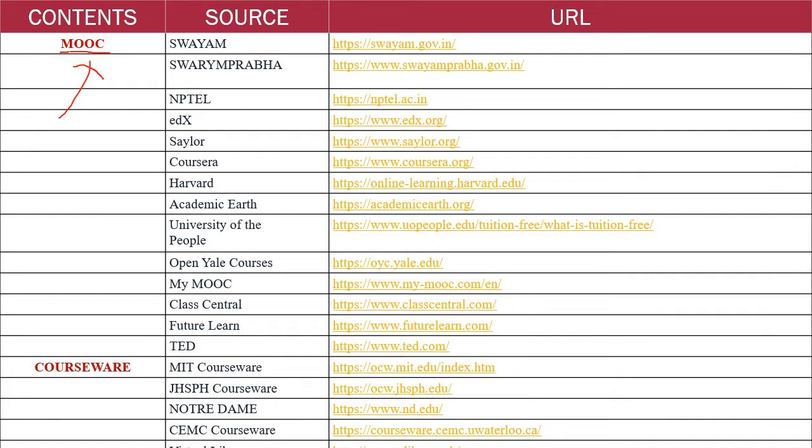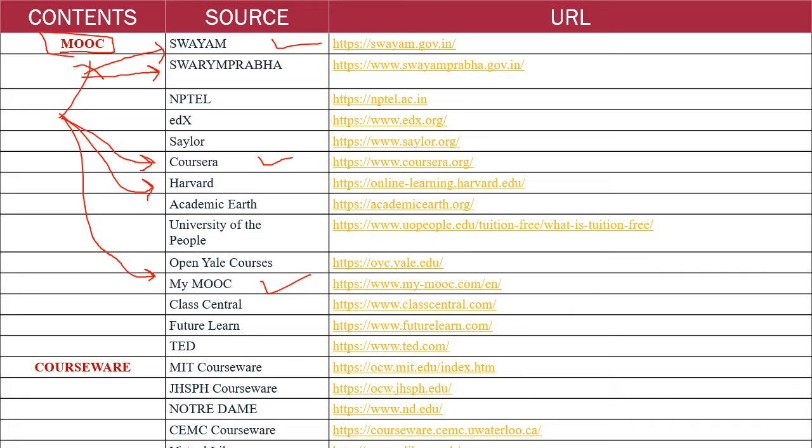This has a number of branches. That is Swayam, which is very popular for pharmacists and for nursing courses. Coursera is also very popular. Harvard also has very good courses. And MyMOOC. These are a few of the important sources for the development of courses.